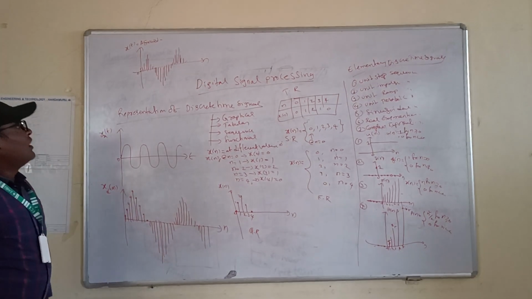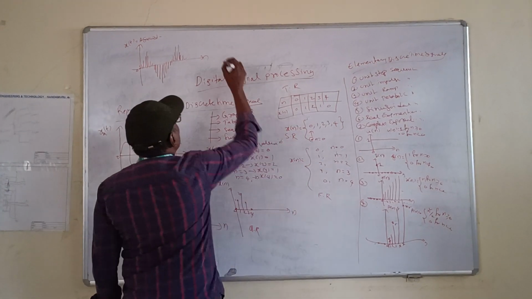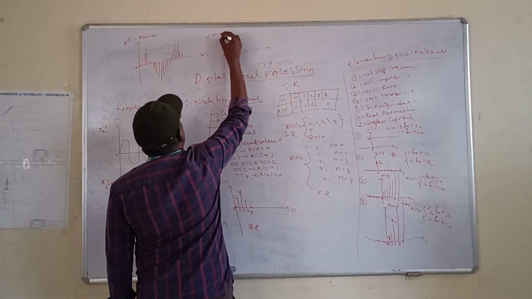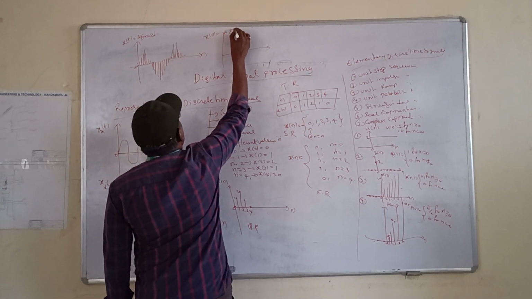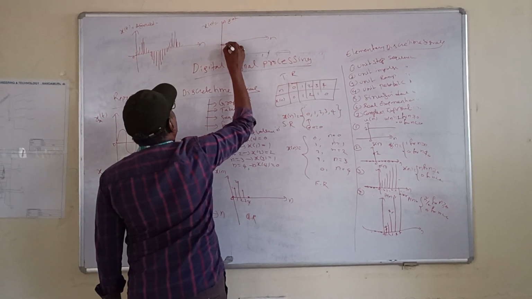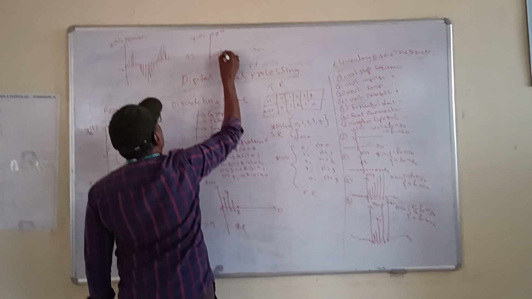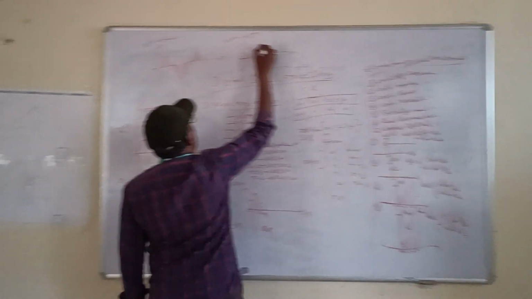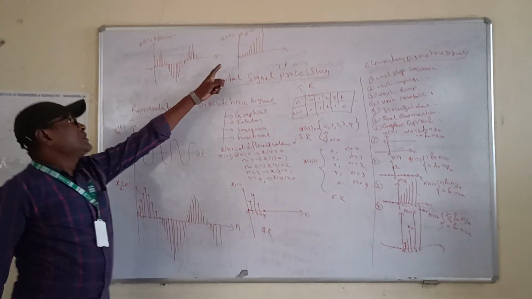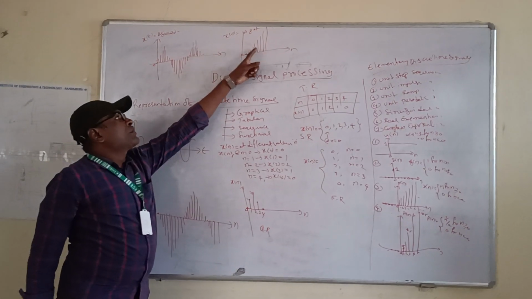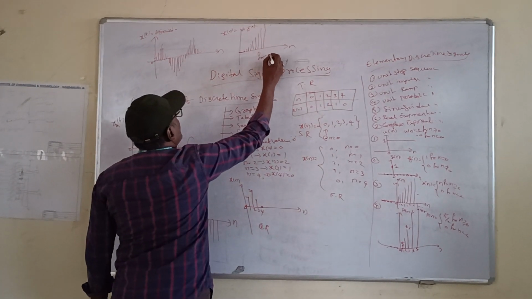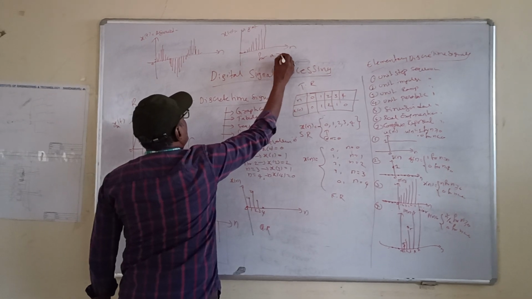The remaining two: real exponential sequence, x of n equal to a e power minus a n, is the real exponential sequence for small a greater than 1.